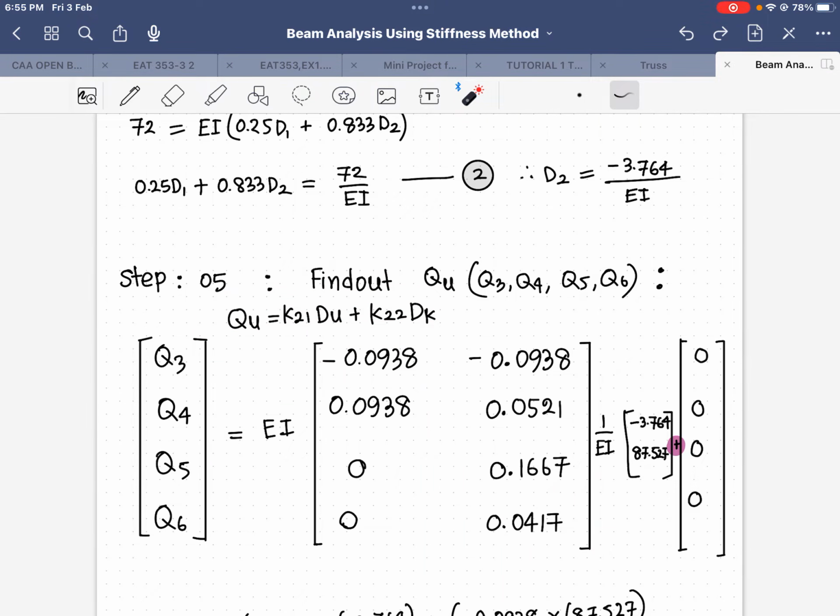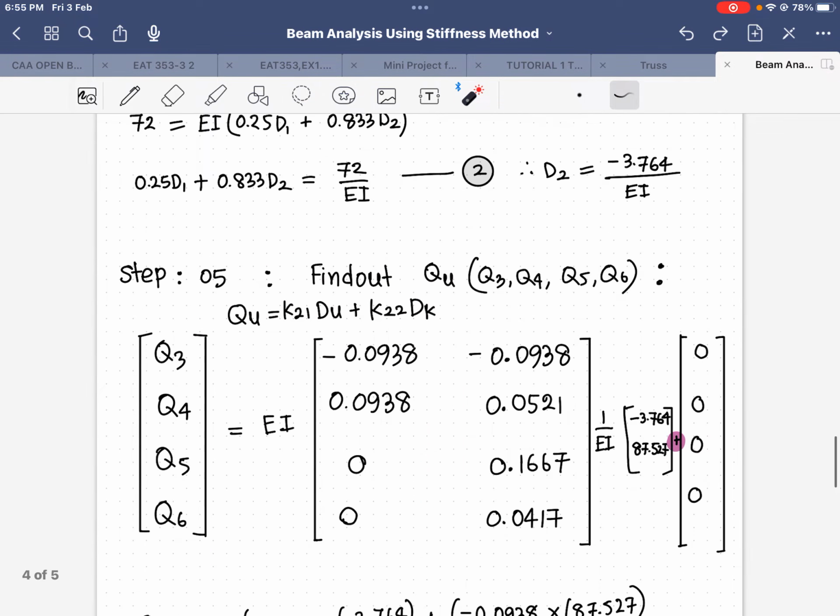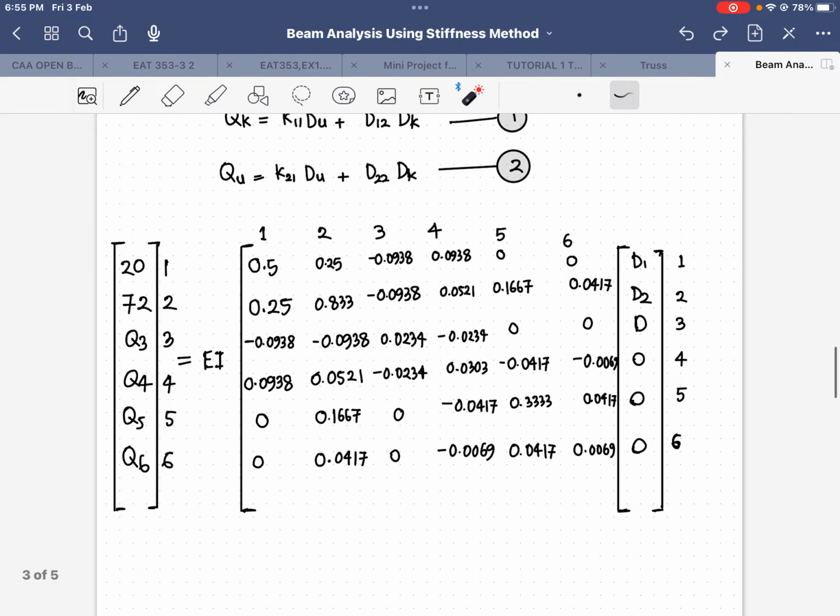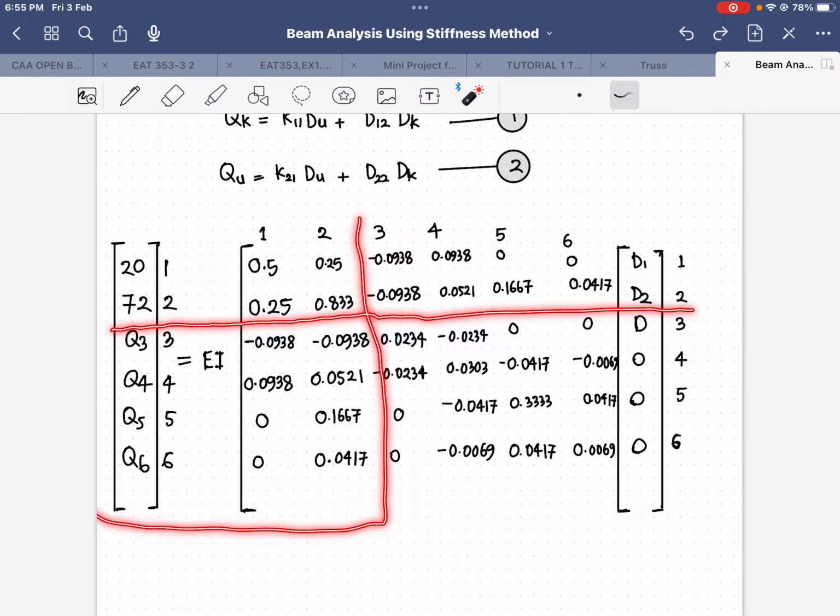I just plug in all those values in here. You see 21 and 22. This is the d3. In here I forgot to mention that we have to partition the matrix. This is the way to do the partition of the matrix. I will take this part, because in this part I have only q3, q4, q5, q6.